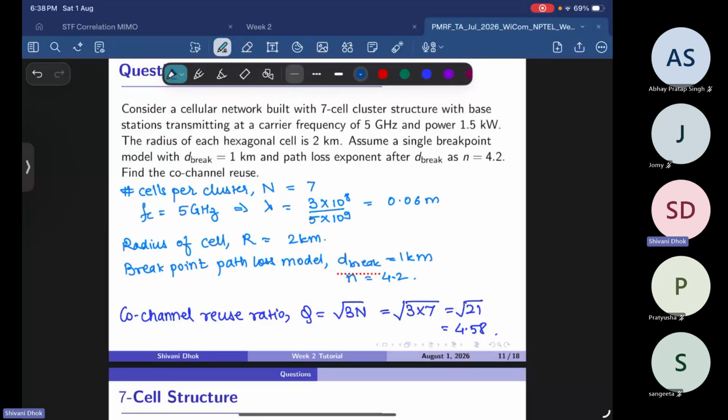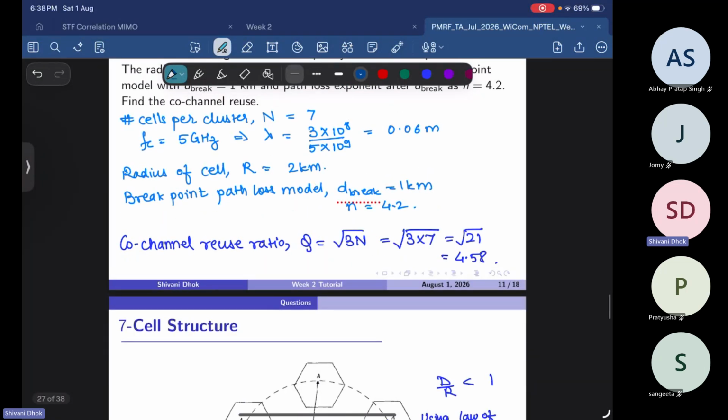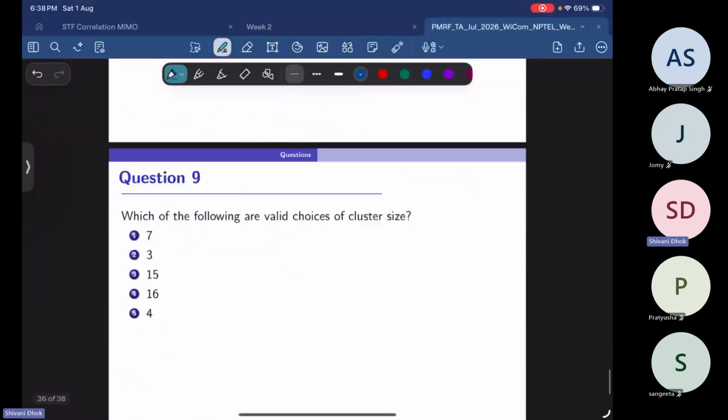So lambda is 0.06 meters, D break is 1 kilometer, R is 2 kilometers, and n is 4.2, path loss exponent.